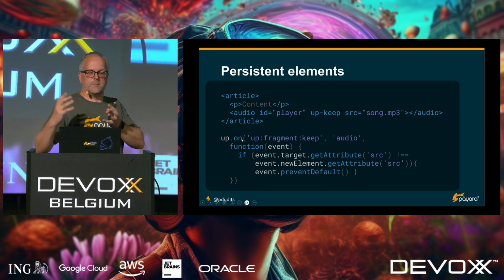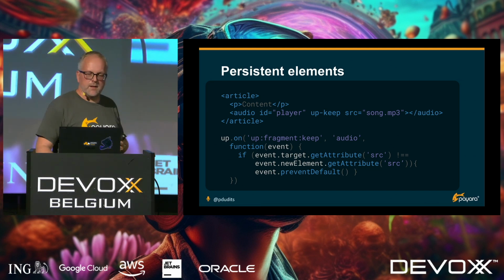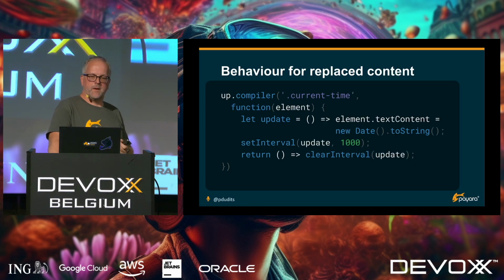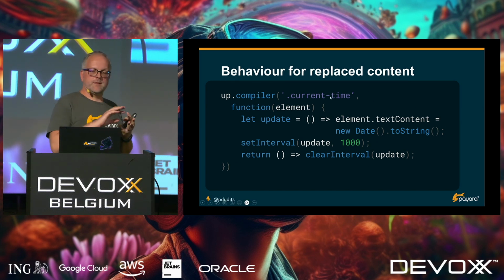Up-on is a bit of a utility which attaches an event handler to an element that will match the CSS selector. Another feature is when the page is first rendered and Unpoly is booted, or whenever it replaces part of the page, it will look for things that match the selector and attach additional event handlers to it.